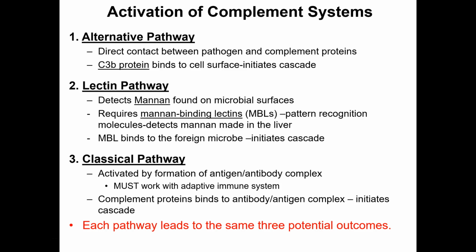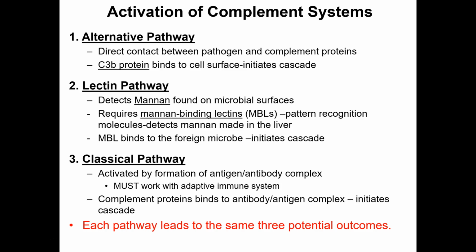In the classical pathway, the C proteins bind to the antibodies. And they say, okay, the antibodies are working, we better get to work too. The C proteins activate that way. So we have three pathways of activation. Alternative, where they bump into the pathogen. Lectin, where they recognize mannose in the body. And then classical, where they bind to antibodies that have bound to a bacterial cell.